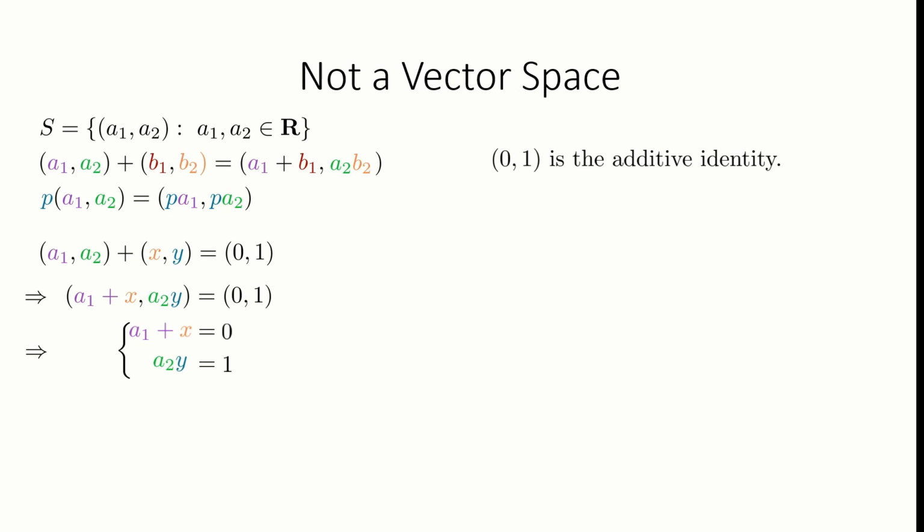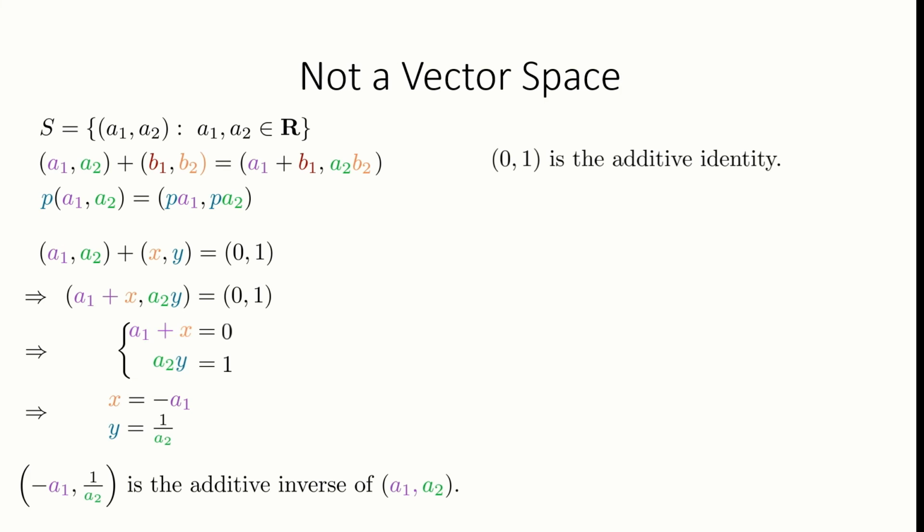From these two equations we have x equal to minus a1 and y equal to 1 by a2. So apparently the ordered pair (minus a1, 1 by a2) is the additive inverse of the ordered pair (a1, a2).